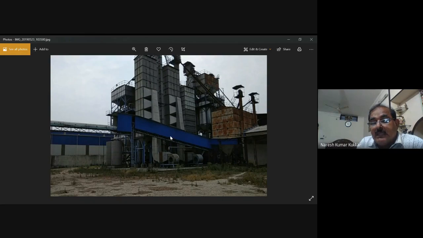This pointer is visible. This is a conveyor to shift the raw paddy, and these are the two elevators. Raw paddy is in this store. It is lifted by these elevators to the tanks, and from the tanks it is lifted to the upper side of the sheller. In the adjoining tank, water is situated. One side is paddy storage, and another side is water storage.